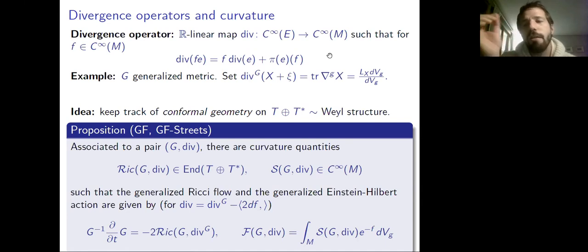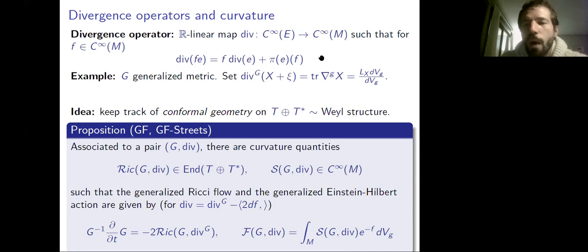This is the additional ingredient that you need on top of a generalized metric to define curvature. A divergence operator is a map from smooth sections of the tangent plus cotangent, or your abstract exact Courant algebra, into smooth functions, satisfying a Leibniz rule with respect to the anchor map. So the divergence acting on a function times a section of E is f div E plus the anchor applied to E acting on f.